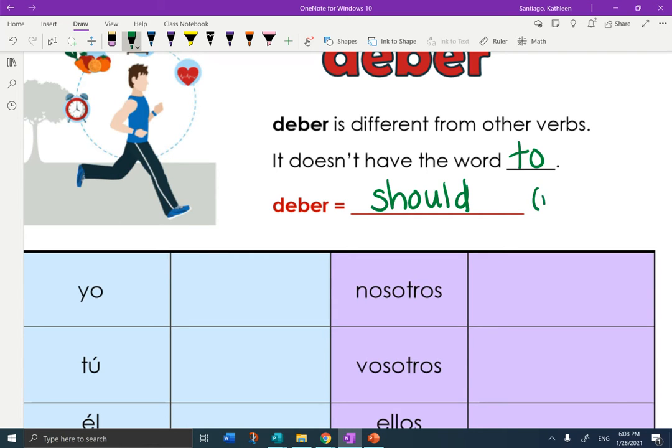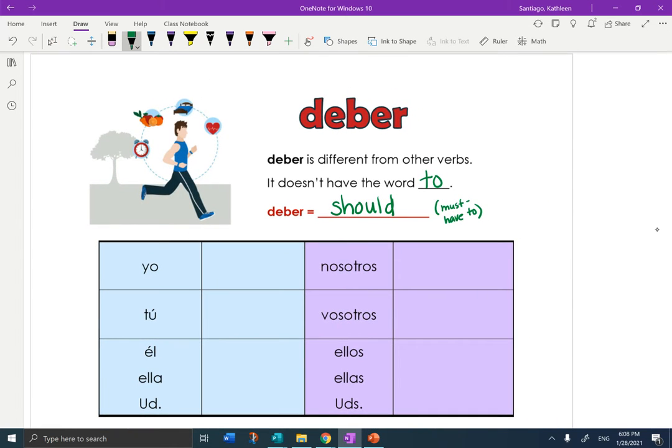Sometimes you're going to see it as the word must or have to, but we're going to use it as should. We're going to think about deber as making a suggestion.